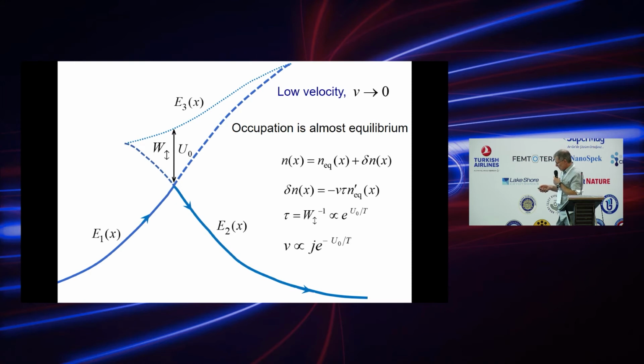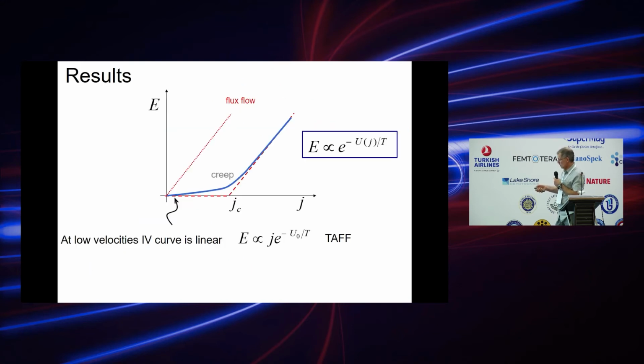And close to equilibrium, so at very low velocity, this jump shifts to the crossing point. Then we should really look at how the distribution function is changed, is different from the step function, and then we obtain the linear IV curve, so that's the linear IV curve here, with the slope which exponentially depends on the barrier and temperature.